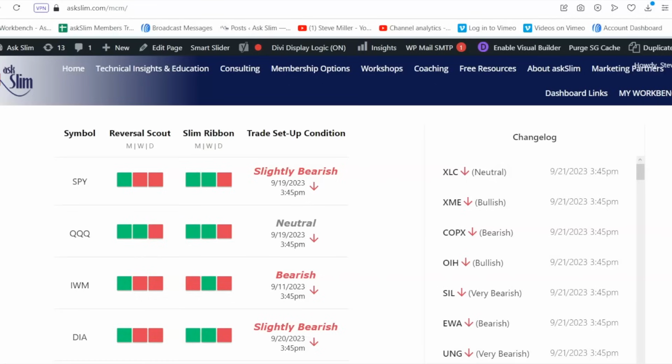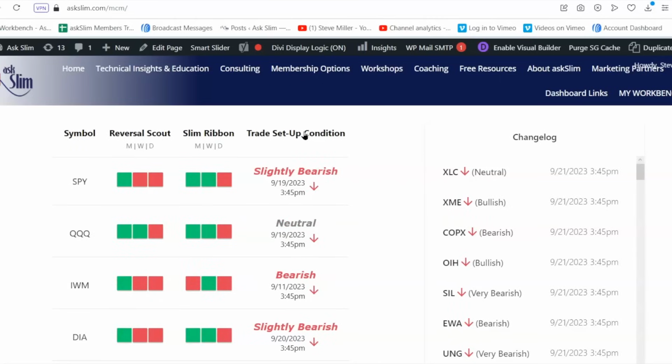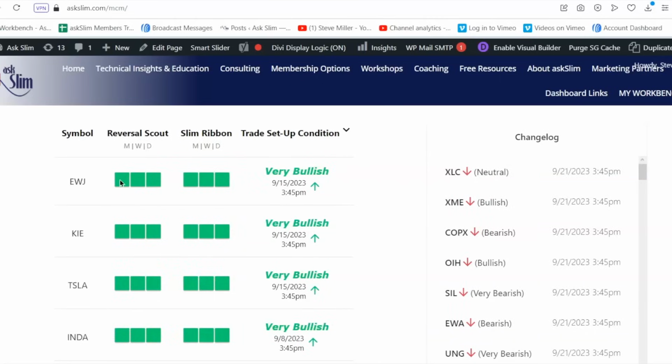Just a fantastic app, and you can look at trade setup conditions from what is very bullish to what is very bearish, as you can see right in here. And very bullish we still see is EWJ, KEI, Tesla, and India, which has been very bullish.